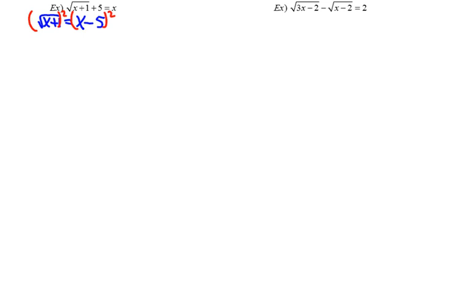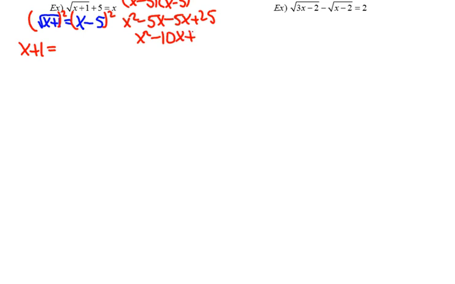On the left-hand side, that's going to be x plus 1. On the right, x minus 5 squared is x minus 5 times x minus 5. And we can FOIL that very quickly. And that gives us x squared minus 10x plus 25.